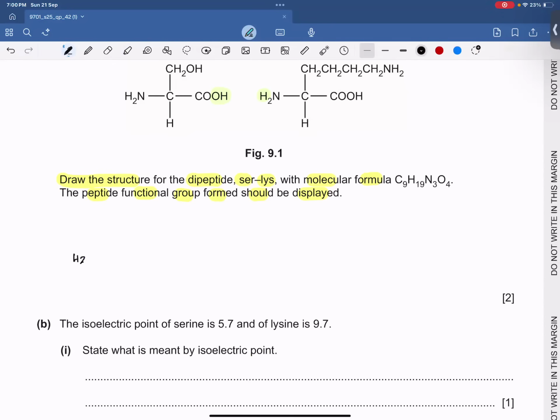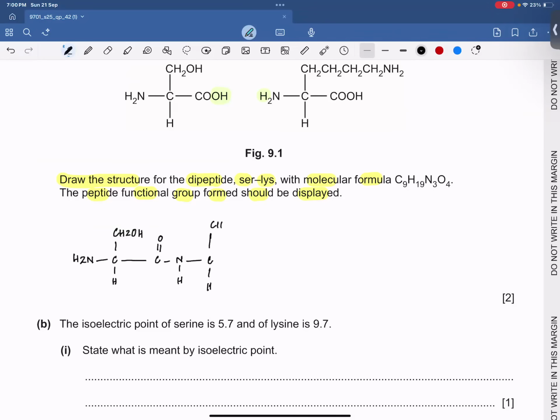See, this is NH2, CH, this is CH2OH, this is C double bond O. Now this has NH, this is CH.